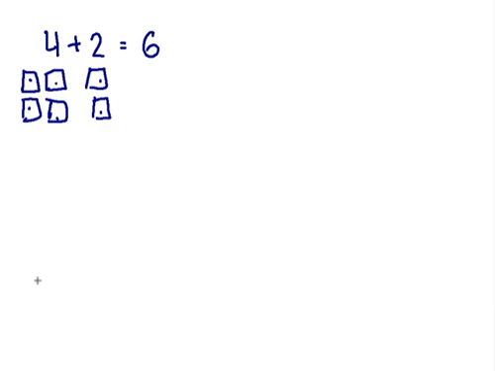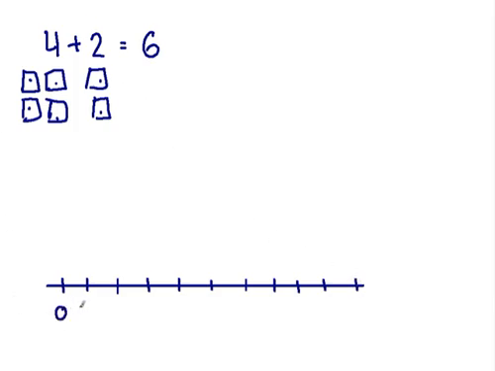So let's also do it with a number line. So you draw a line, and then you draw dashes again. And then you write in the numbers 0, 1, 2, 3, 4, 5, 6, 7, 8, 9, 10.